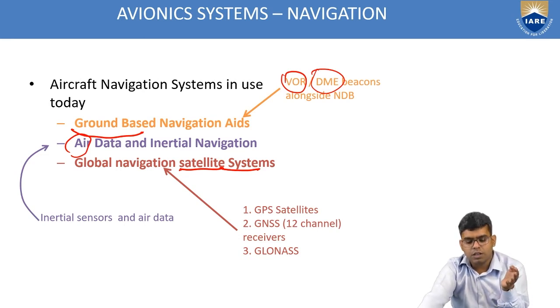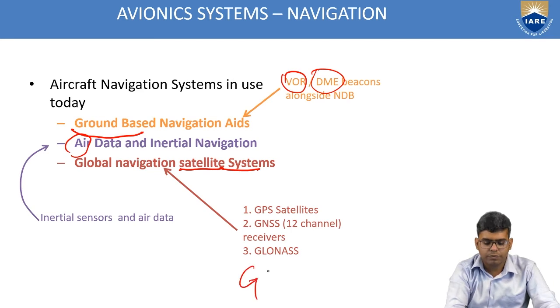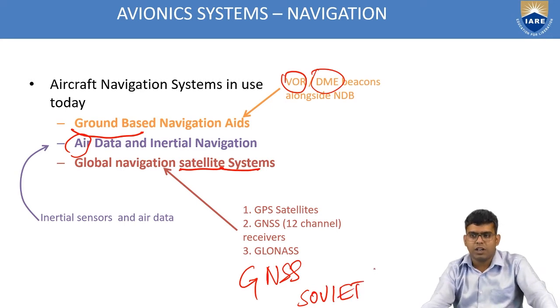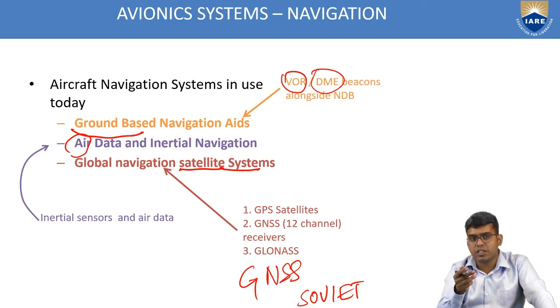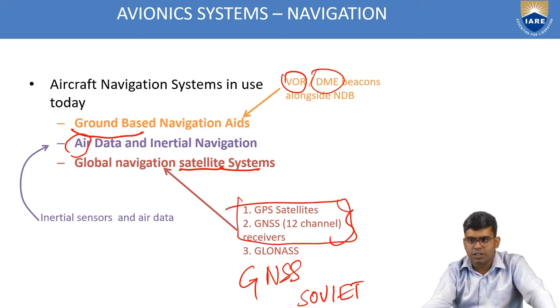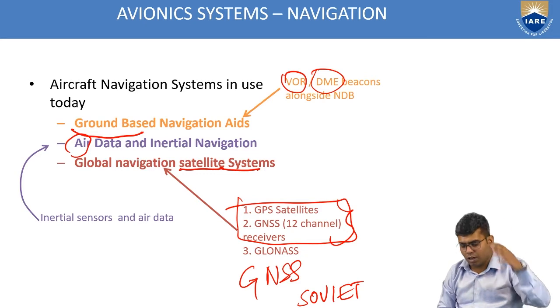And the third one is GLONASS. This is nothing but GNSS developed by the Soviet Union. Generally, most US-based aircraft or European-based aircraft suffice their requirements using the first two, GPS satellites and GNSS satellites. So right now, let us see what are the key differences between all these three kinds of systems.